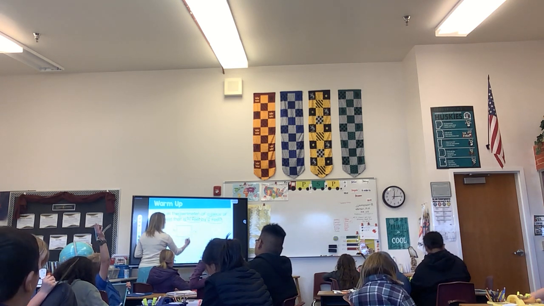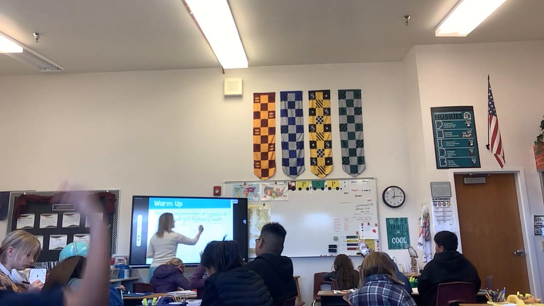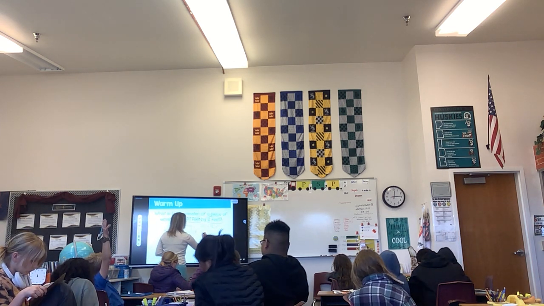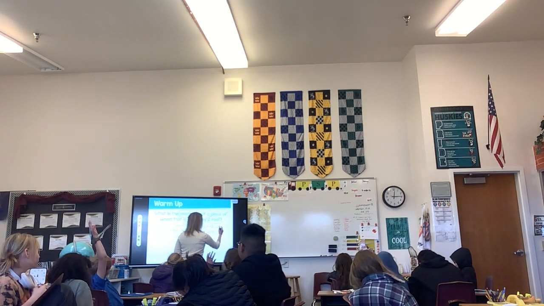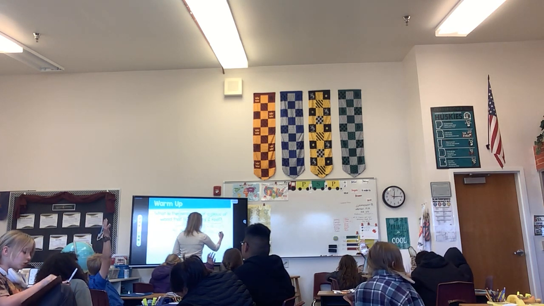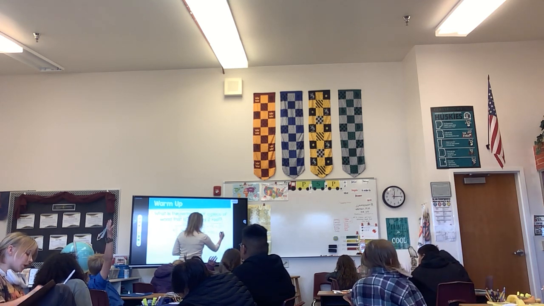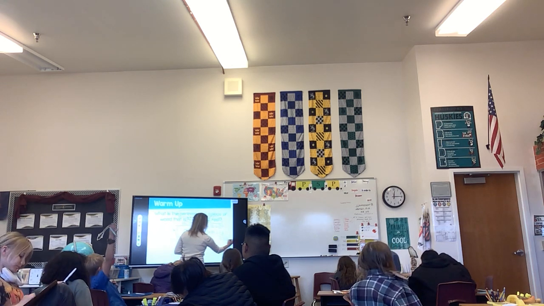If the bottom is 12, what is the top? 12. 12 plus 12, and 14 plus 14. Do you see the mistake? Plus 28. The answer is 52 feet.